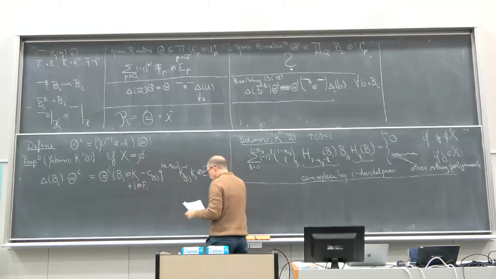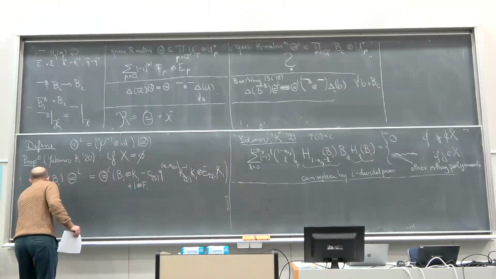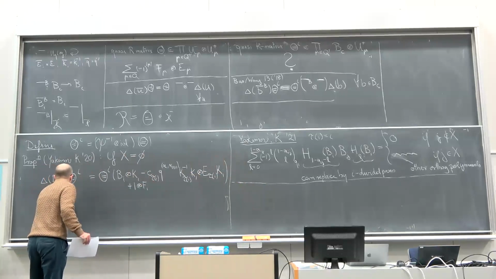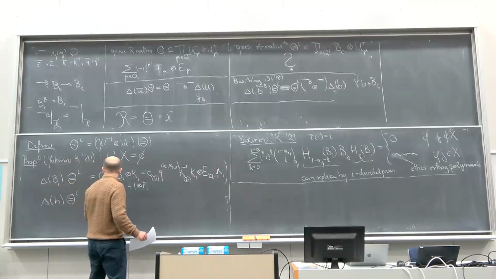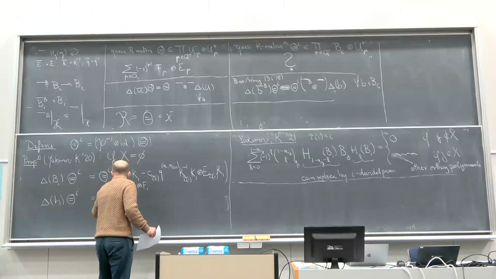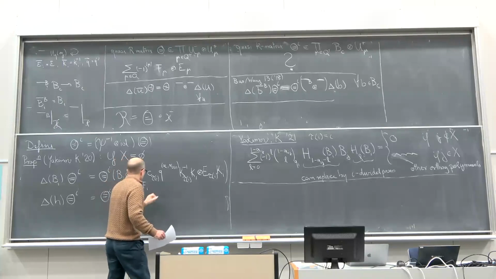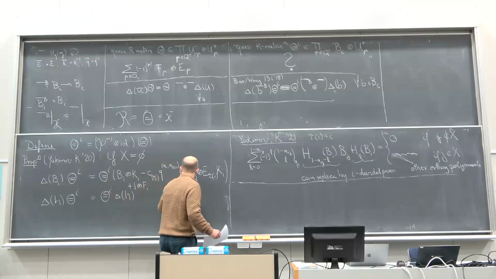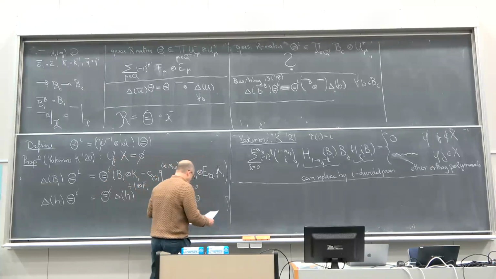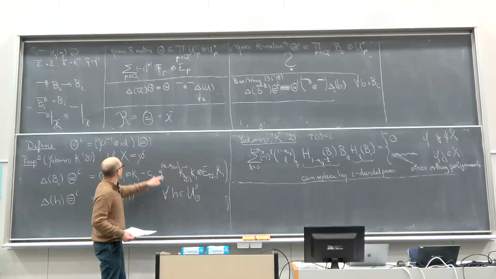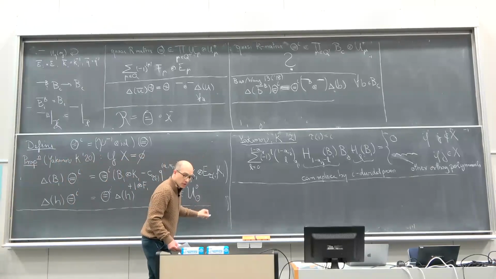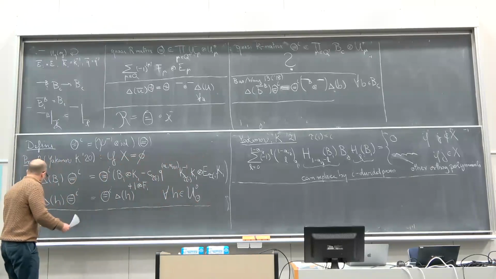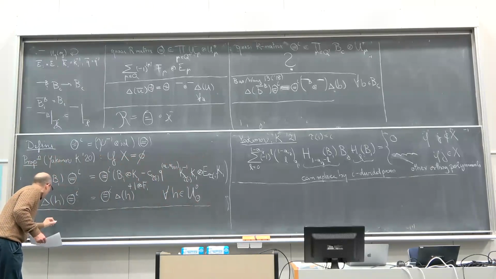Okay, so now delta of H theta_i is theta_i delta of H for all H in U_0 theta, and that's all of H really in the case where X is the empty set. So now we want to compare this. Does this do what we want? Yes, it does. What would we like on the right-hand side? We have to recall what delta of B_i is.